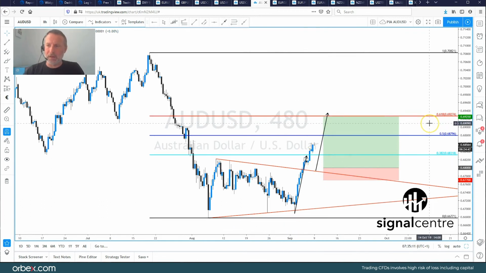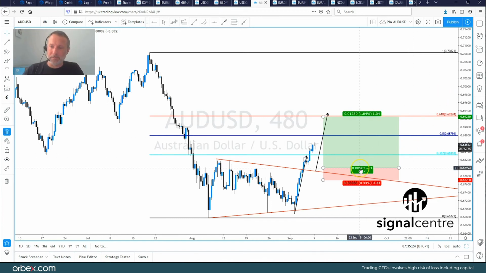Now we've got a 61.8% fib located at 69.27. I think our bespoke resistance is at 69.35, so a pretty solid upward barrier around that level. This week we're looking to get long close to 0.68 the figure, which is our bespoke support, and also close to the reverse trendline support from this triangle breakout.